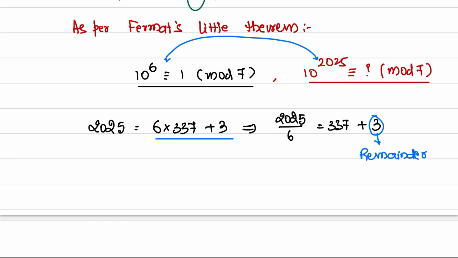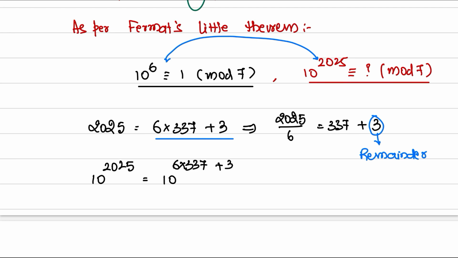Now, when 2025 is replaced by 6 into 337 plus 3, let us see what happens. Now, 10 to the power of 2025, how can I write? 10 to the power of 6 into 337 plus 3.